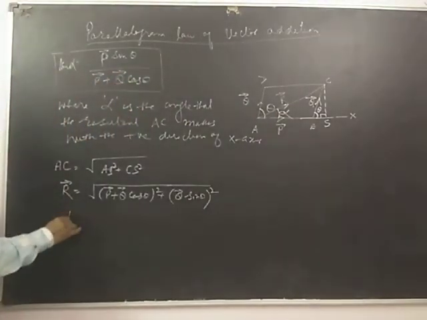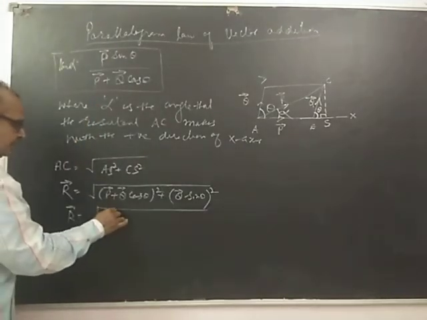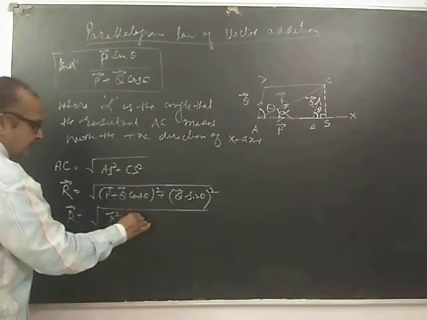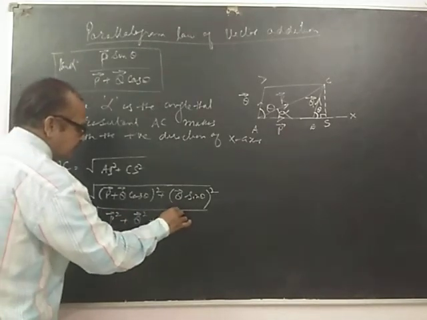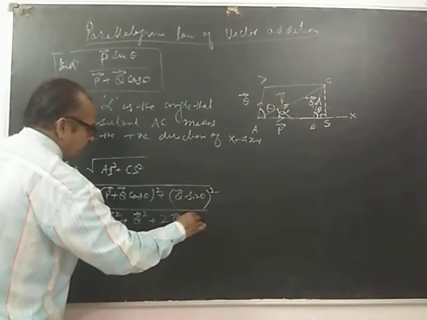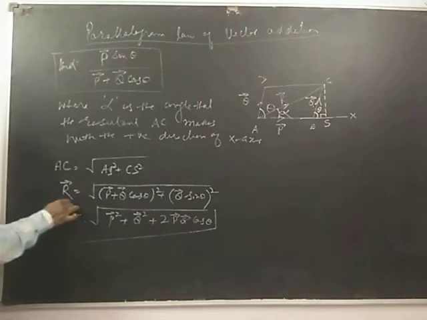And what will be the resultant? The resultant will be, as usual, under root of P square plus Q square plus 2PQ cos theta.